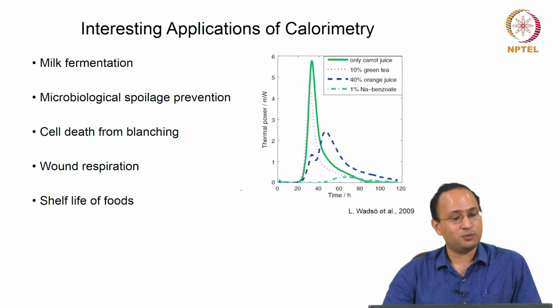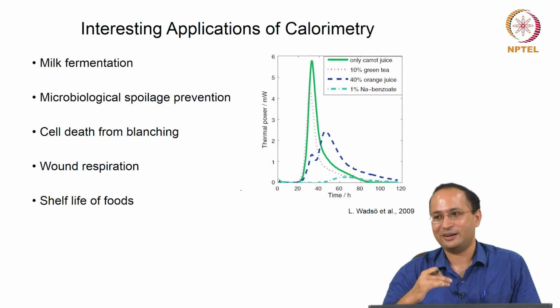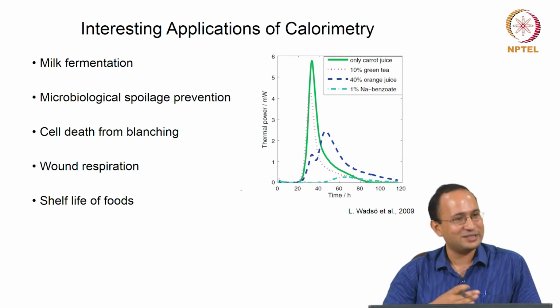Similarly, you can use it for wound respiration. See the commonality between these applications: as long as there is heat, it does not matter where it is coming from, you will be able to monitor the process. It is well known that when you cut a vegetable, it causes cell damage, which sets off several different protection and repair processes in the non-wounded cells.